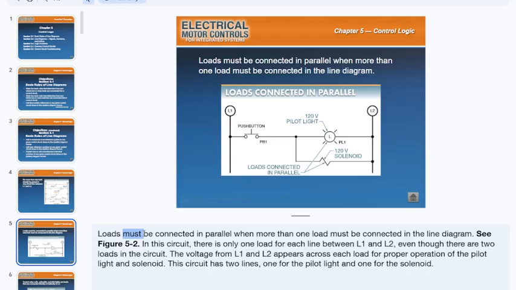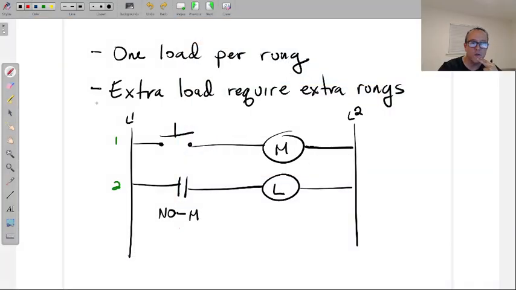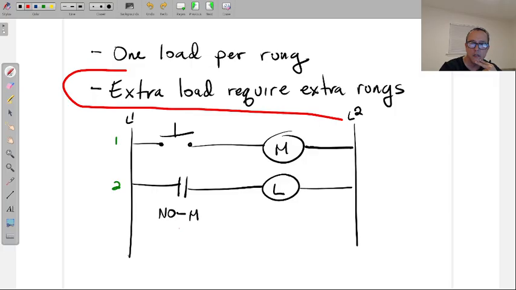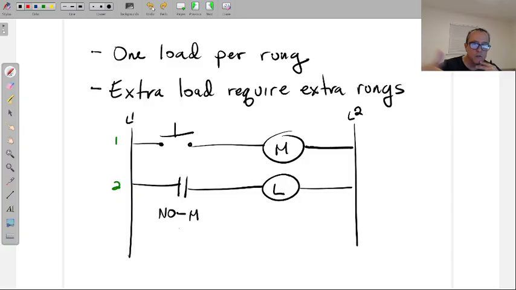I can structure the diagram in another way where I am not connecting them in parallel with each other. So this is why I would prefer that you would understand the note like this. Extra loads, extra rungs. That's all. Because as you learn how to create diagrams and how to create circuits, you'll be able to take advantage of the different ways in which you can wire up a circuit.